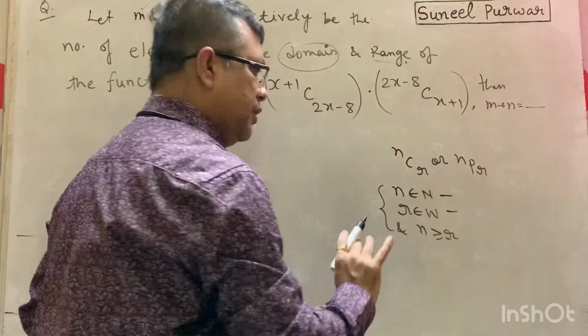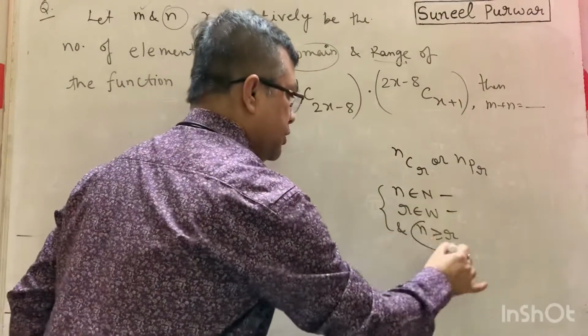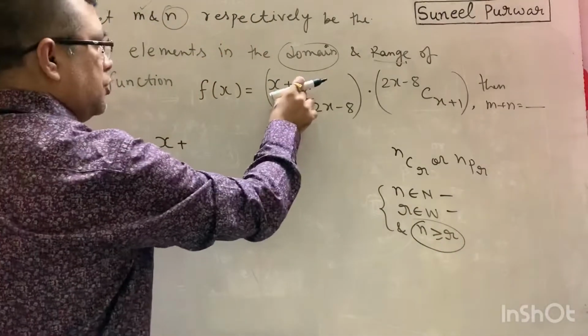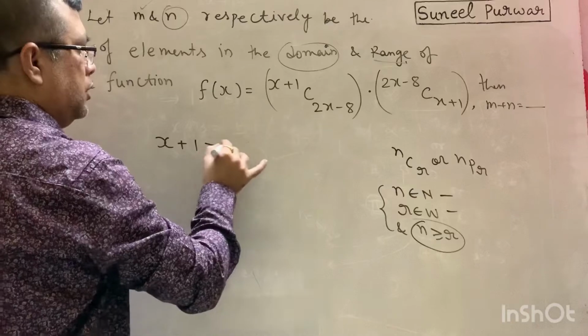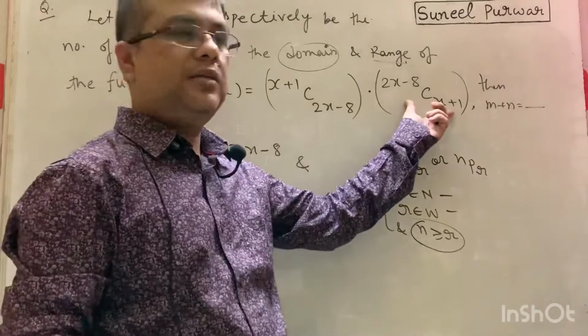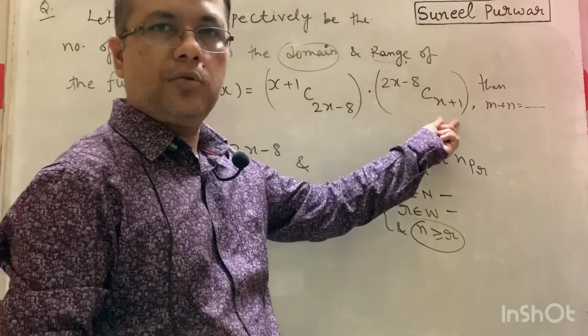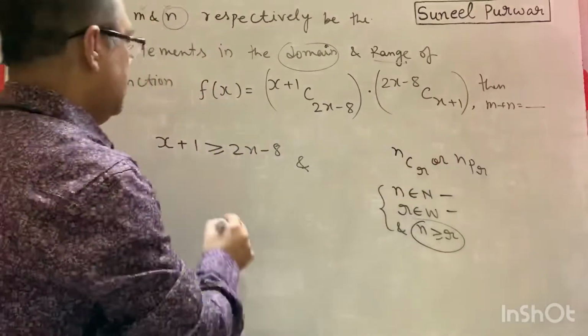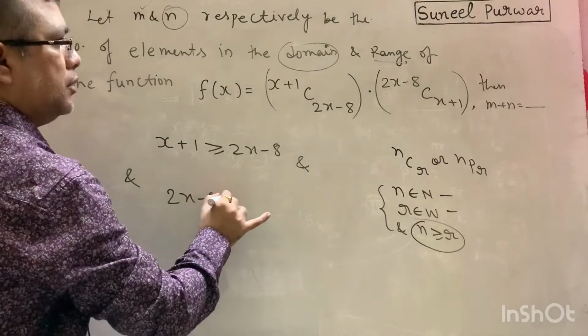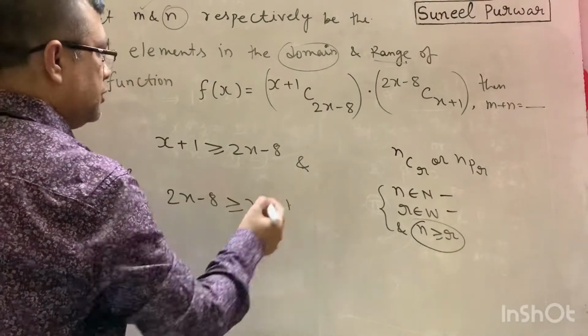So write the condition. These conditions are definitely there, but let's first pursue this condition. So x plus 1, this number should be greater than or equal to 2x minus 8, because of this NCR, this number must be greater than or equal to this lower number. And 2x minus 8 must be greater than or equal to x plus 1.